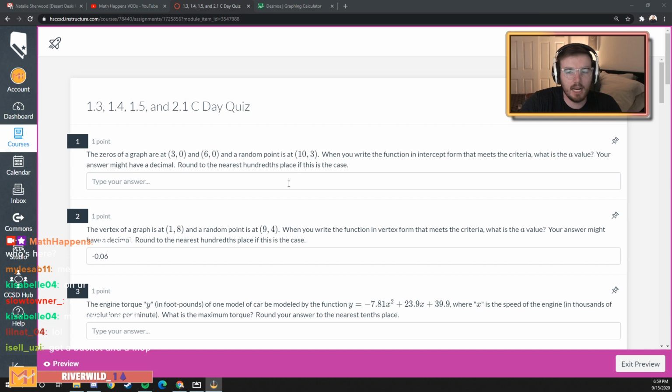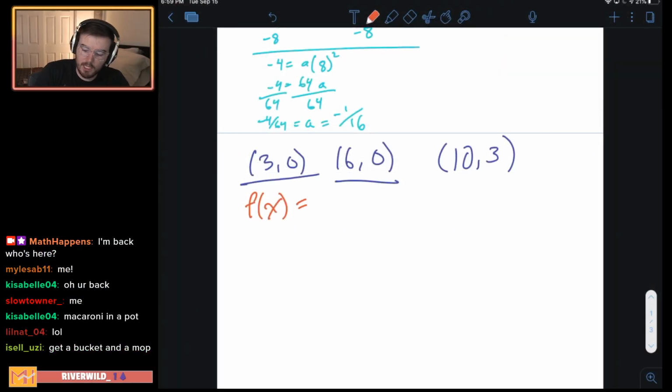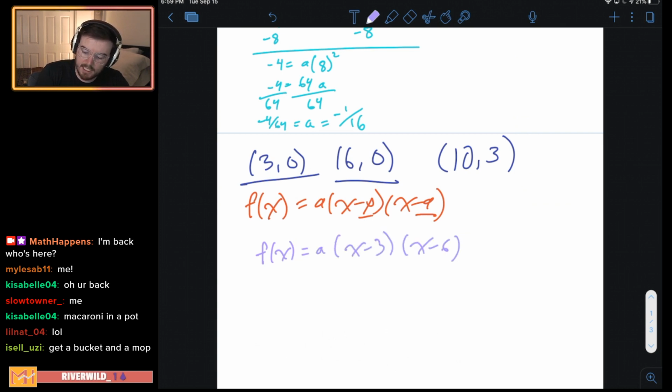This is an exact copy paste of the questions in the homework, so no surprises here. Intercept form is a times x minus p times x minus q, where p and q are the zeros. So when I go to solve this, I immediately know that p is 3 and q is 6 because I've essentially been told that.